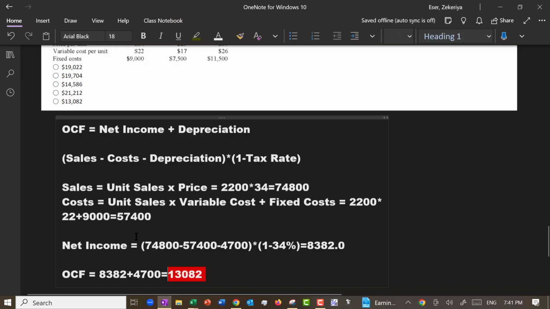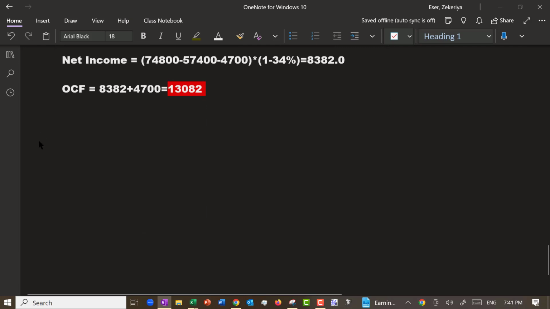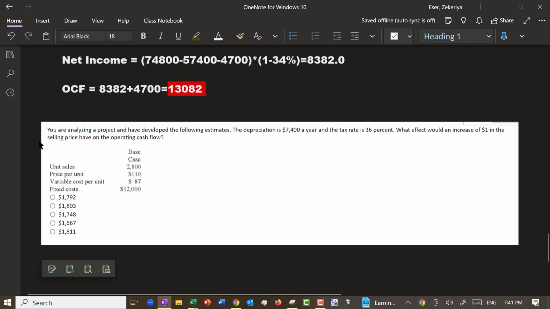What effect would an increase of $1 in the selling price have on the operating cash flow? You can do this the long way. Calculate the operating cash flow with the base and then change the price by $1. Calculate the OCF that way and calculate the difference.